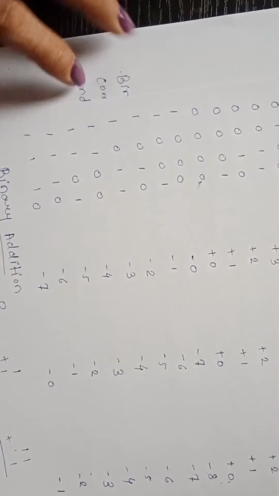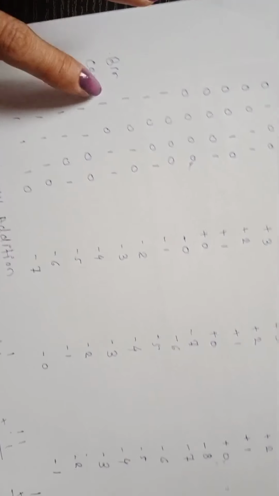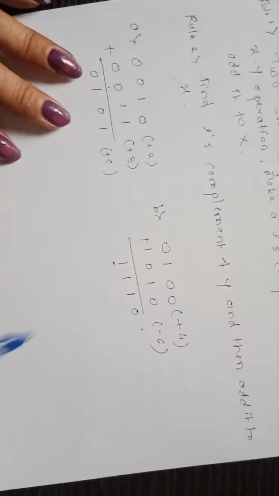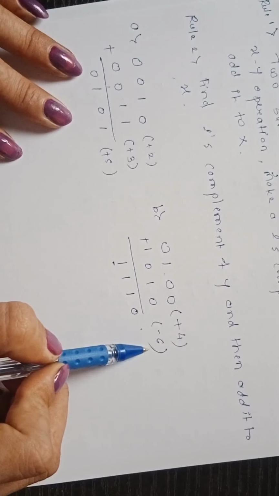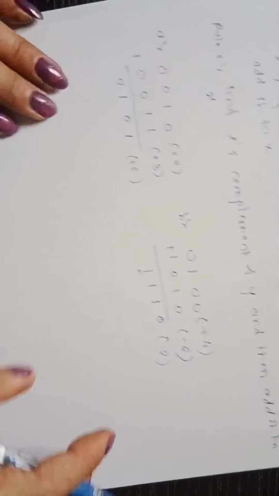Look here: if the leftmost bit is 1, then it is a negative number. If the leftmost bit is 0, then it is a positive number. So likewise, this is plus 4, this is minus 6. Now what will be the result? Minus 2.